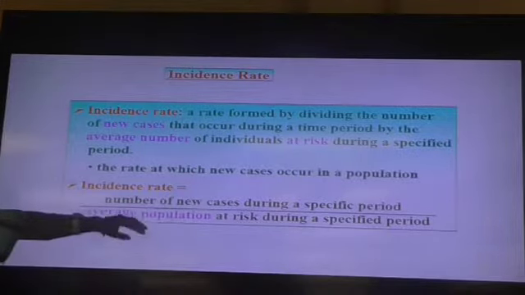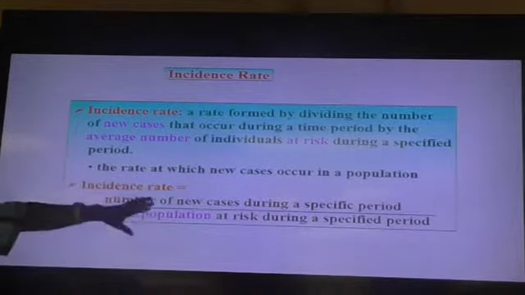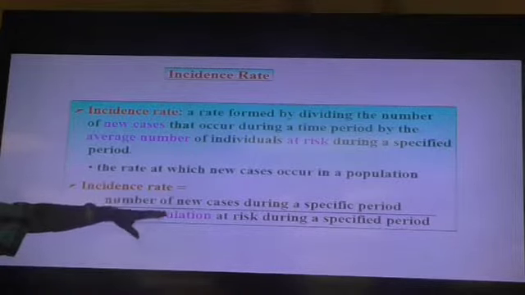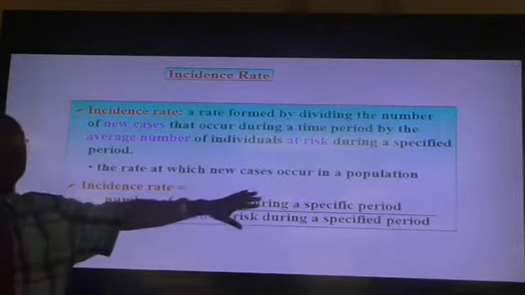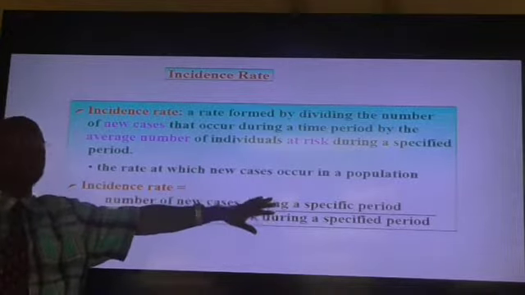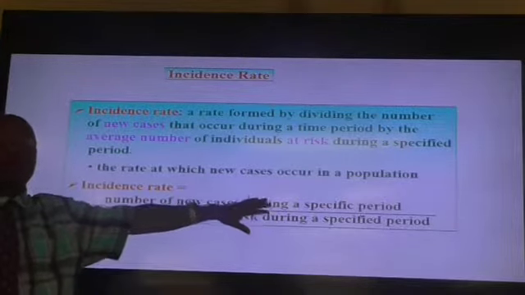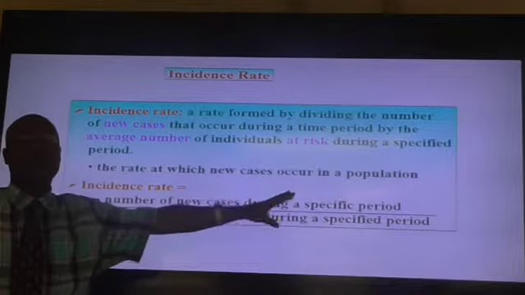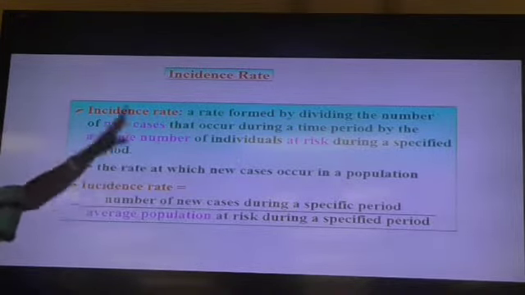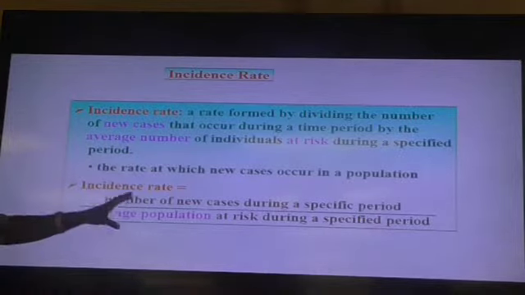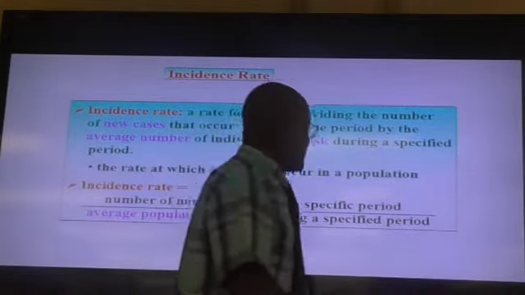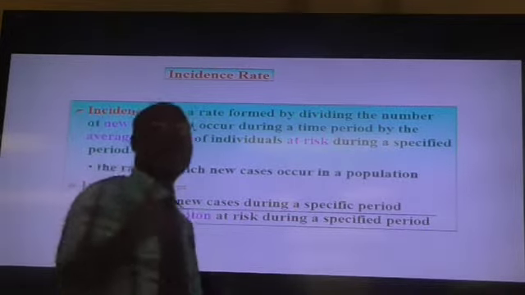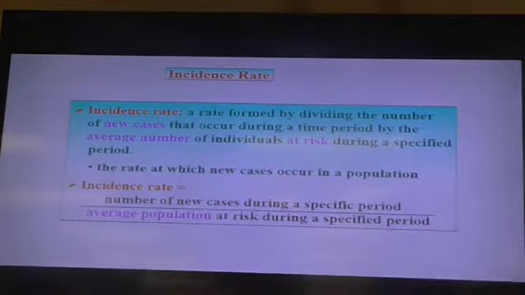I'll come to what we mean by average, but for the moment, just look at it in such a way that number of new cases, you count them, how many cases occur, say, during a week or during a year, and then you divide that one by population at risk during that same period, a week, a month, or a year. So this is what we call incidence rate. We call it incidence rate because of that time element, a week, a month, or a year.